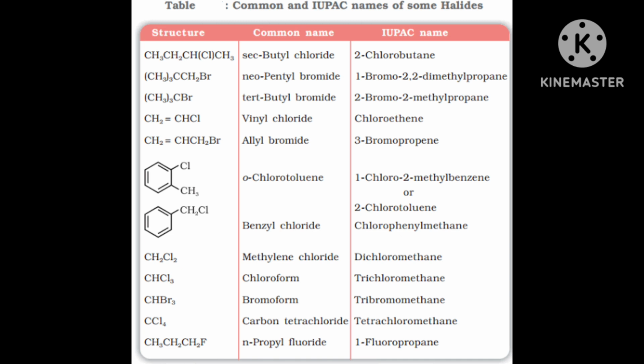Then it will be 1-chloro, because everywhere, up to down, if we consider, 3 carbons are there. In the center, 2 methyl groups are attached, one up, one down, and again one left, one right.